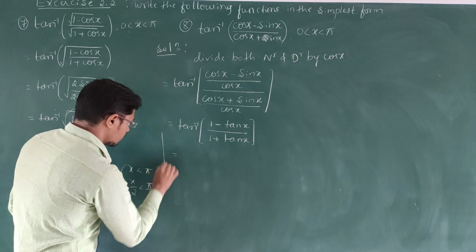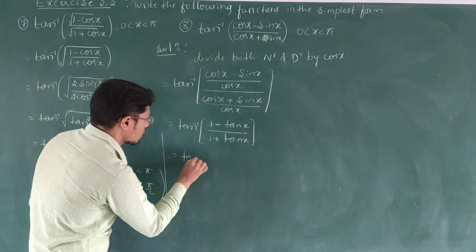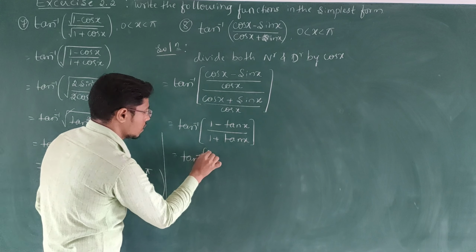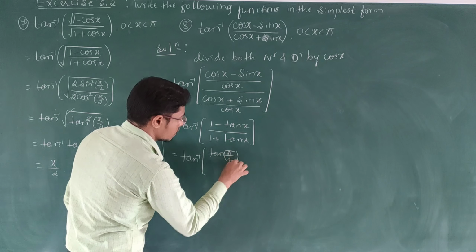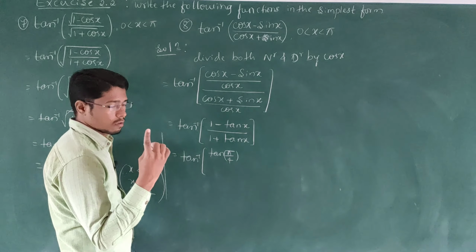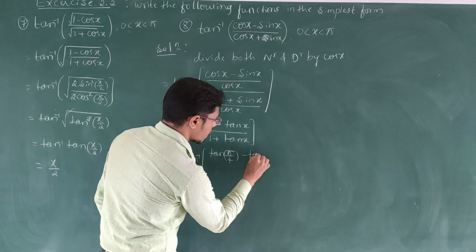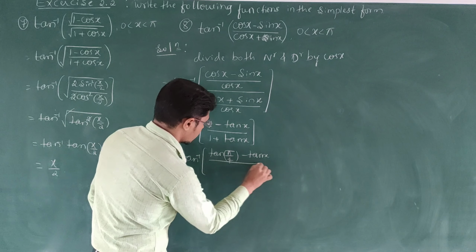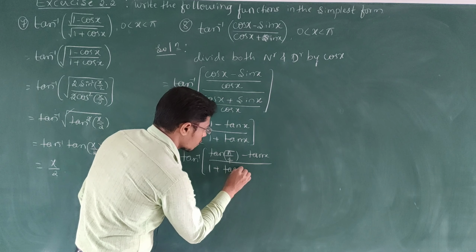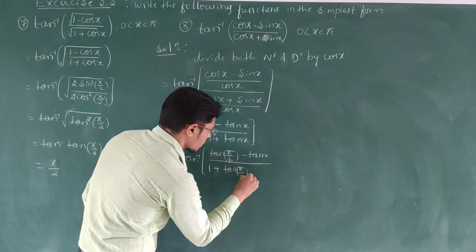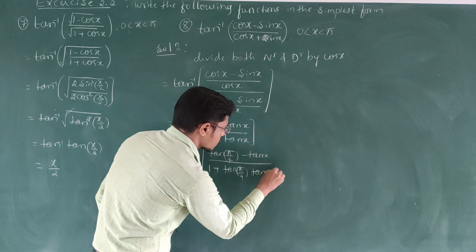Tan inverse of, instead of 1 I will write tan pi by 4 in terms of angle. Tan pi by 4 is 1, so 1 minus tan x divided by 1 plus tan pi by 4 into tan x.